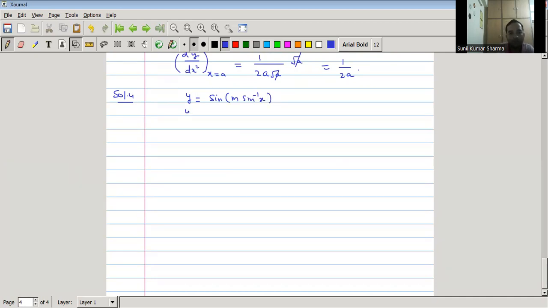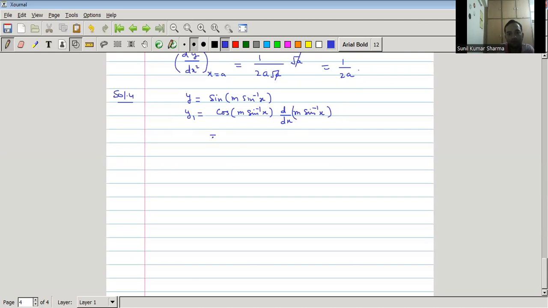So what is y1? The derivative of sine is cos m sine inverse x, and then again we differentiate m sine inverse x with respect to x.